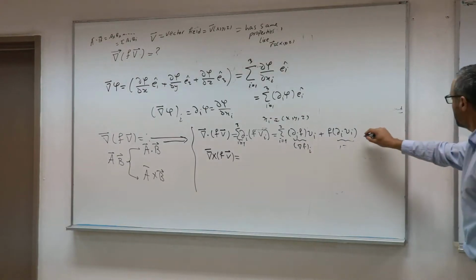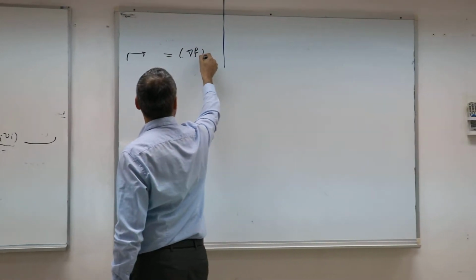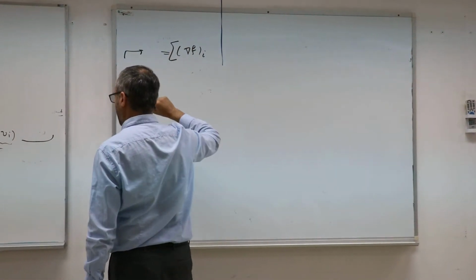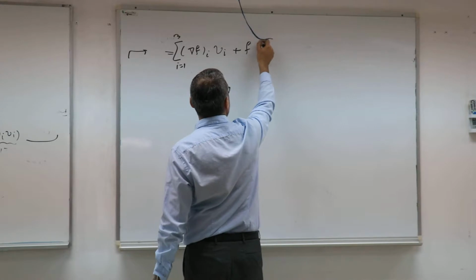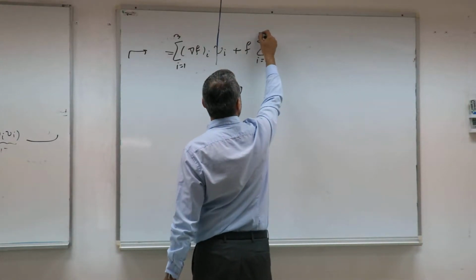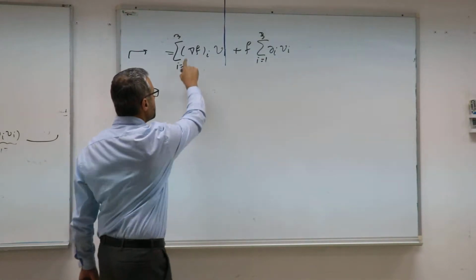So let me calculate here. Continue. So I will have the gradient f_i v_i plus f sigma of the partial derivative of v_i. So what is that?